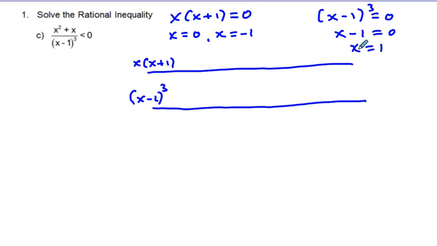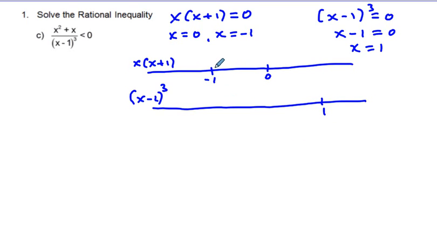Then we look at our critical numbers and write them in order. So our -1 in the numerator comes first, followed by another 0 in the numerator, and finally by a 1 in the denominator.